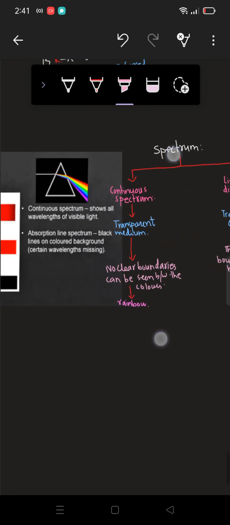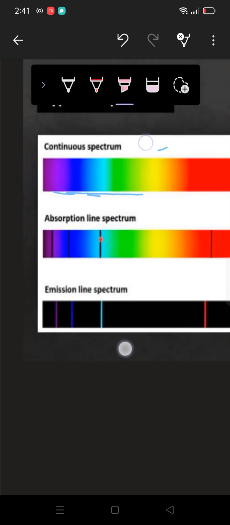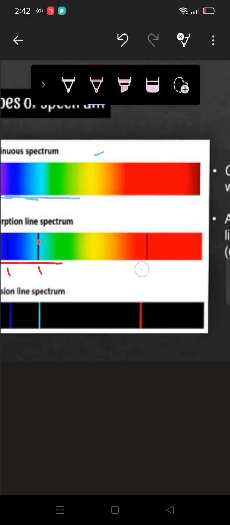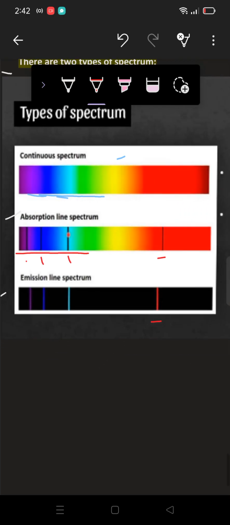As you can see here, there are two types of discontinuous spectrum as well, which we're going to discuss in the next video. But as you can see, there are clear cut boundaries between them. Here you can see one boundary, here too.